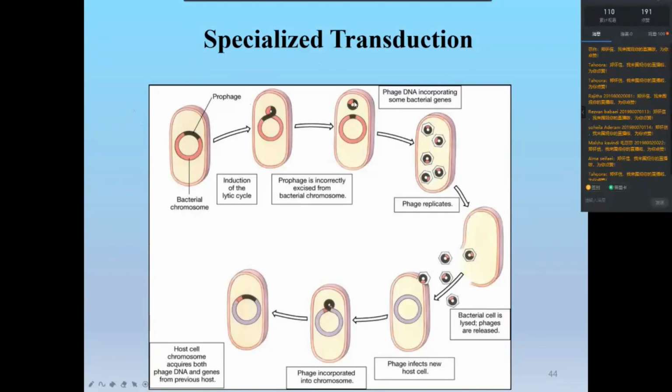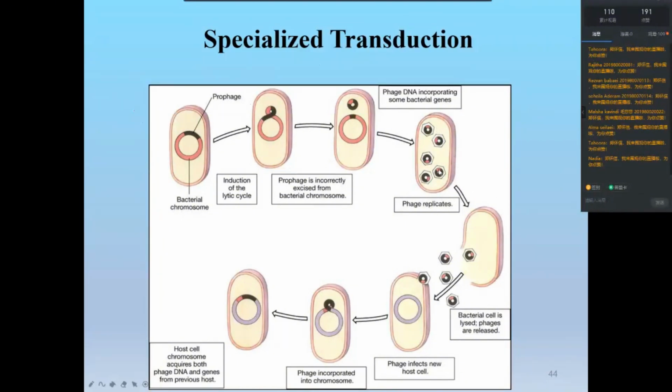You can see that it carries part of the bacterial chromosome, the red part, to form the phage DNA. And then new phage particles will be formed here. In each virus, it will carry a little bit of the donor cell DNA, or the host cell DNA.